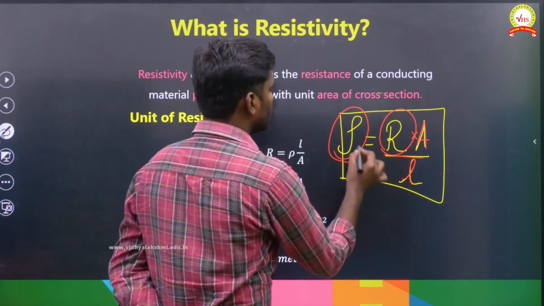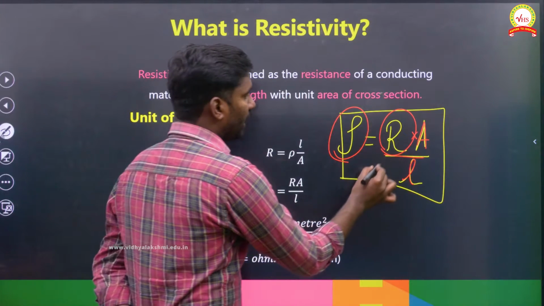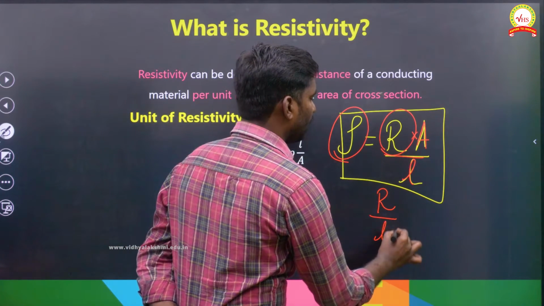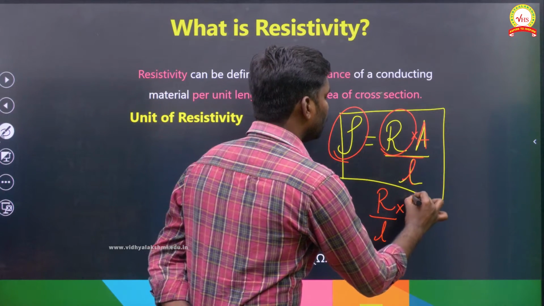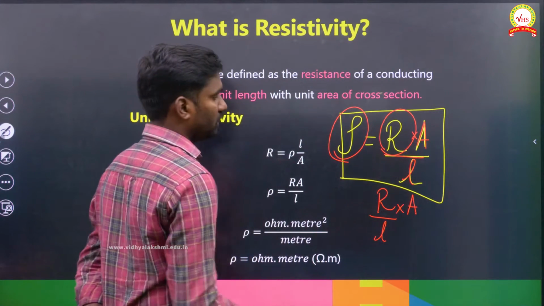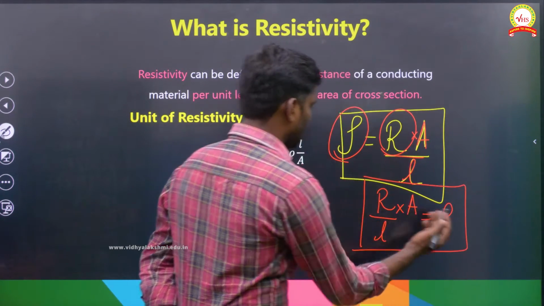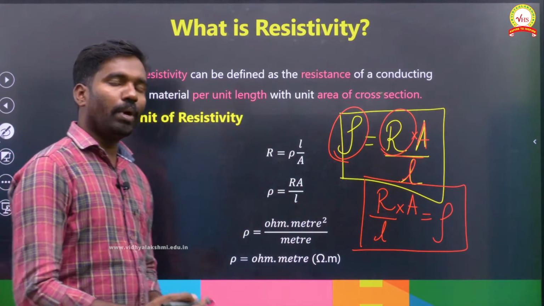Clear? That we call resistivity rho. Rho is equal to R A by L.